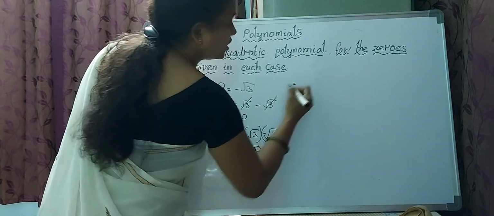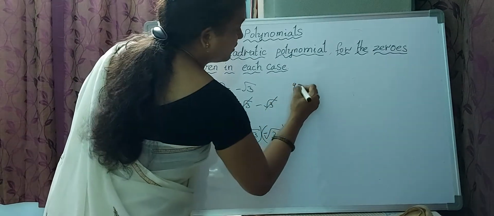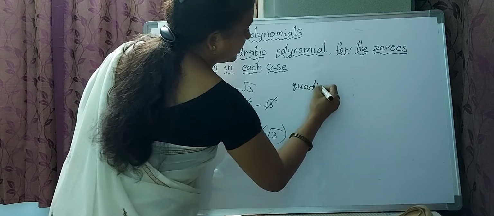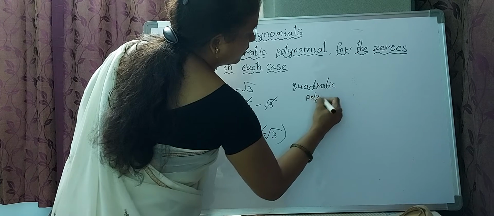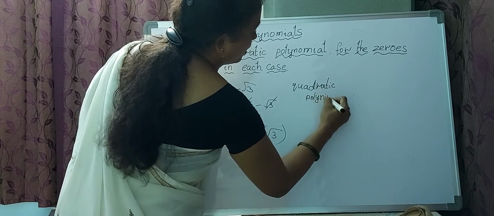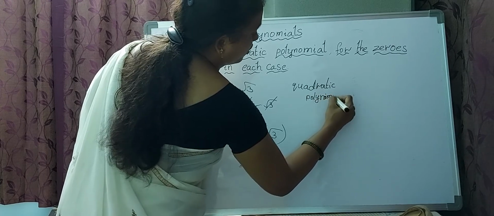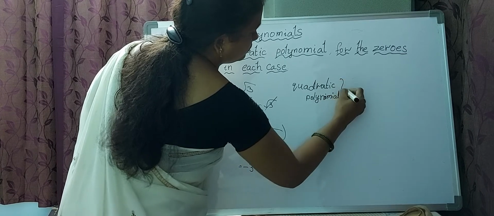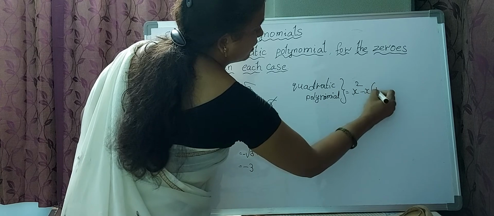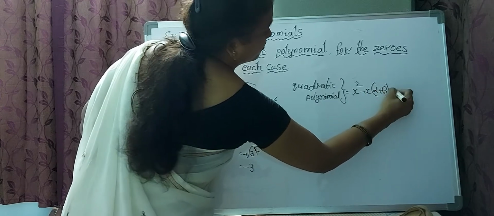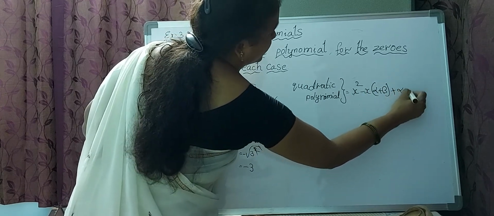Now how to write the quadratic polynomial? It is x square minus x into (alpha plus beta) plus alpha beta.